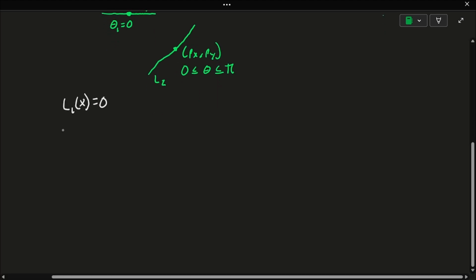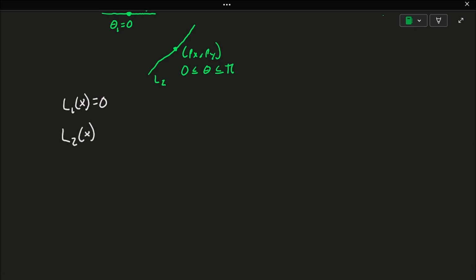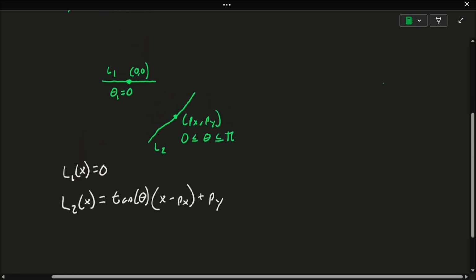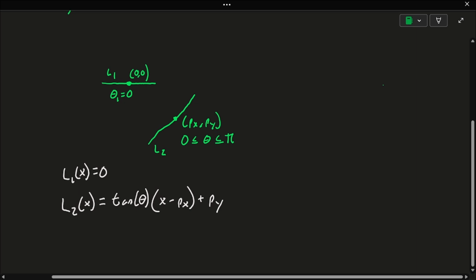L2 is a little bit more complicated. We have to use a little bit of trig for this, but it's not too bad. We just do tangent of theta to find our slope, then multiply that by x minus px, then add py onto that, and that will give us the line of L2.